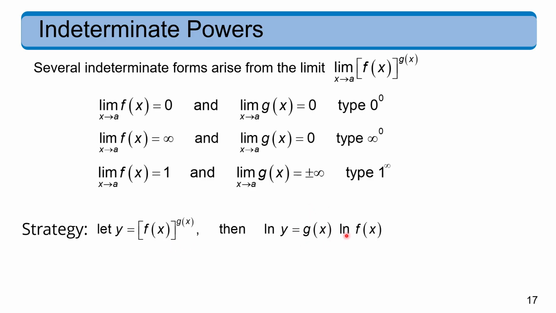So originally this was log of f to the power g, but the g has been brought down in front. Then L'Hopital's rule can be used to take the limit of log y, replacing log y with this, because in any of these three cases, this product will be a type where you can then use L'Hopital's rule.